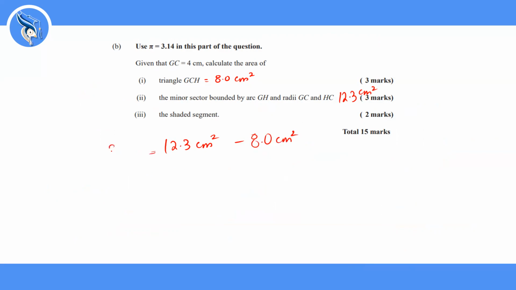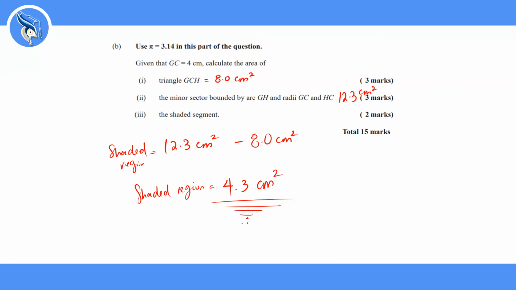And that will give you the shaded region. So the area of the shaded region would be equal to 12.3 minus 8, which is 4.3 centimeters squared.